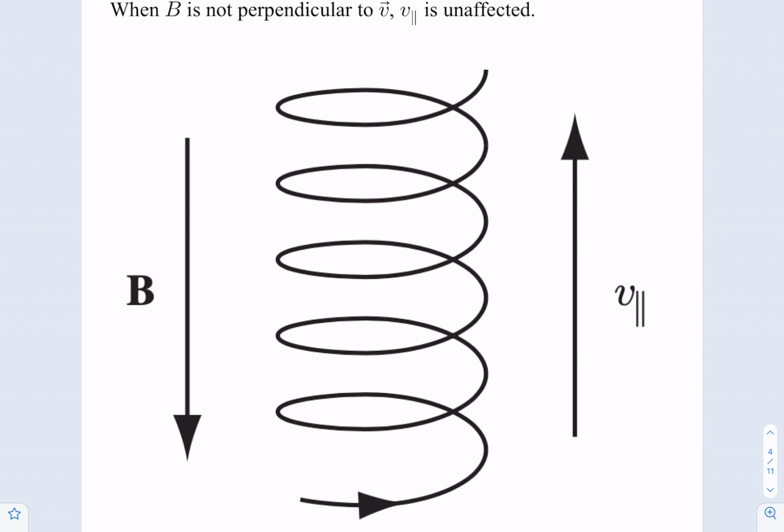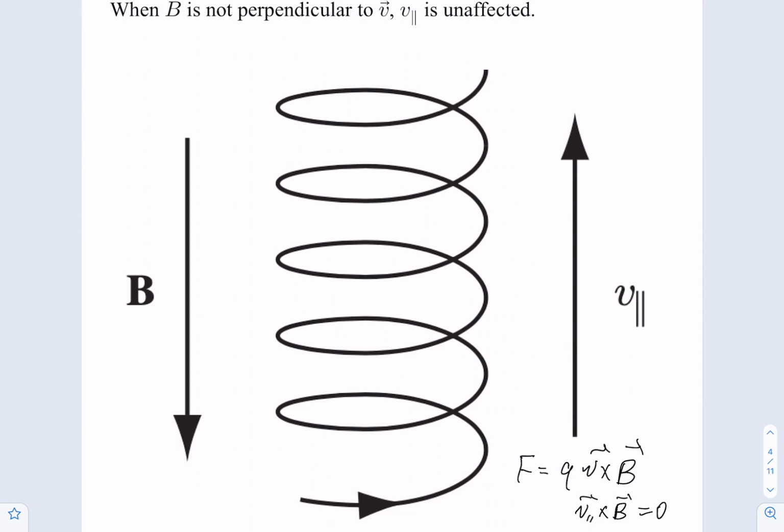because the force is QV cross B, this parallel V doesn't contribute to the force at all, and likewise in this parallel direction, the motion won't be changed as well.